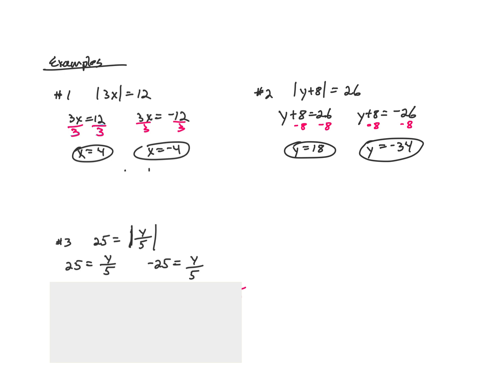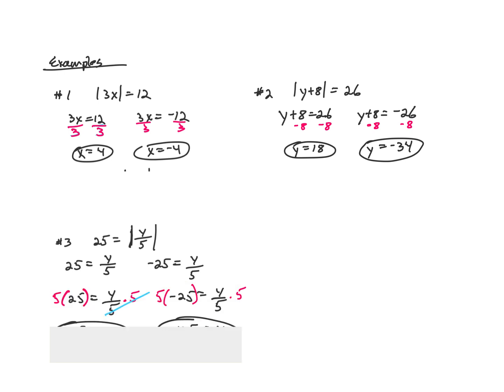Now, we're not used to seeing these problems where the variable is divided by 5. Normally, it's like 5 times y, and we divide by 5 to get the answer. But since the variable is being divided by 5, we use the inverse of dividing, which is to multiply by 5. So you see here that I have multiplied both sides by 5.